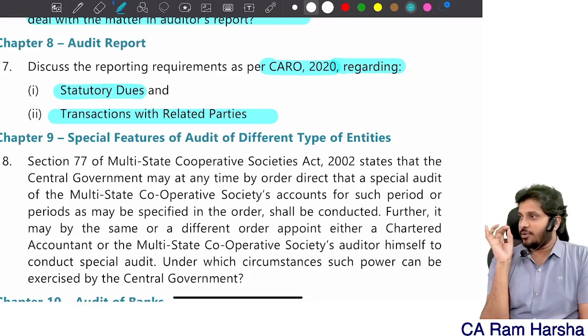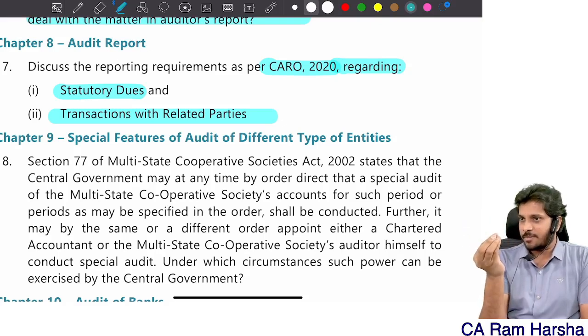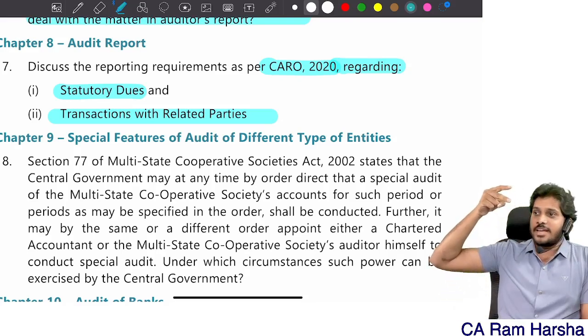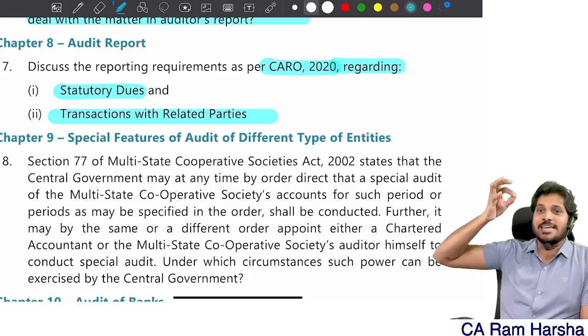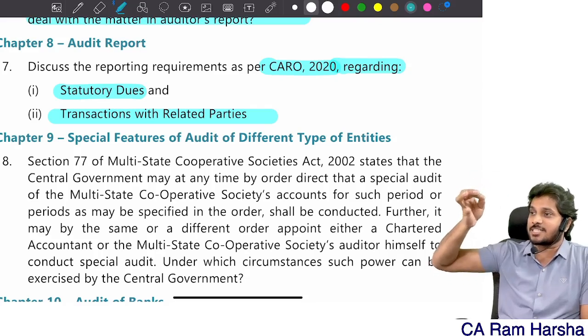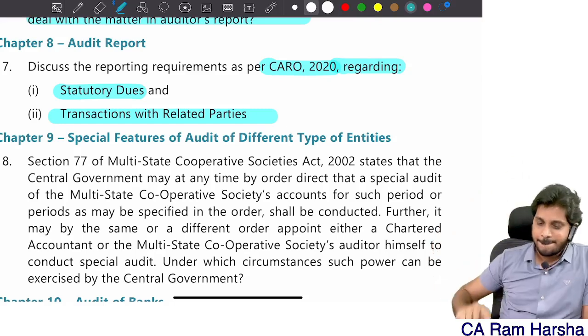Disputed and undisputed. For disputed statutory dues, we just have to give information about where the dispute is pending and the amount involved in the dispute. For undisputed, 2 points we need to check. One, whether the entity is regular in payment of undisputed statutory dues to the respective authorities. Two, if not, what is the extent of arrears of outstanding statutory dues for a period of more than 6 months as on balance sheet date? That's it. Over. Next.